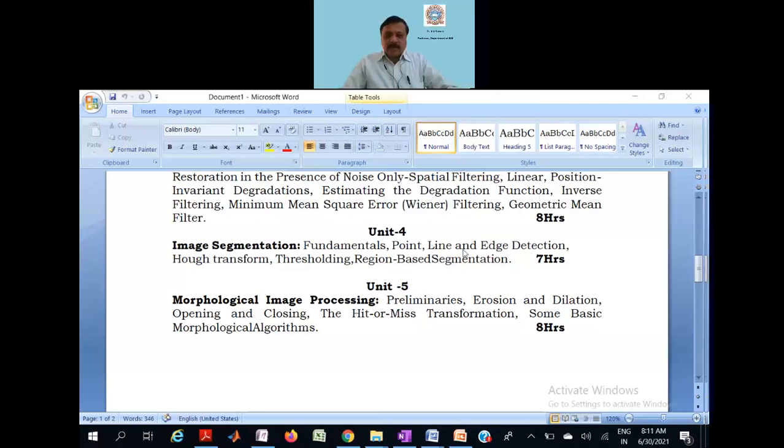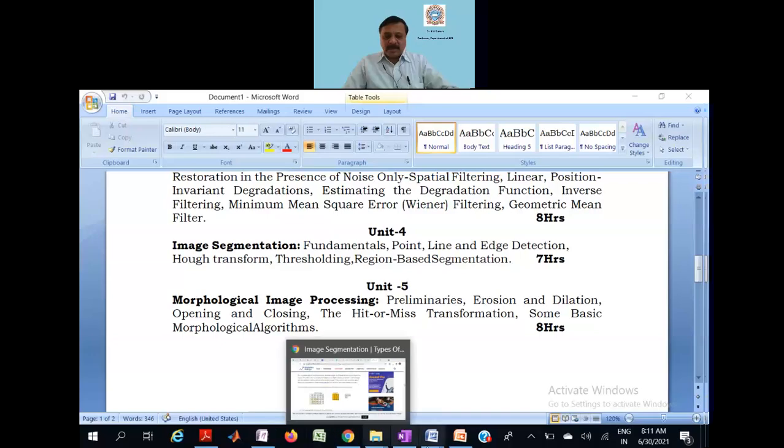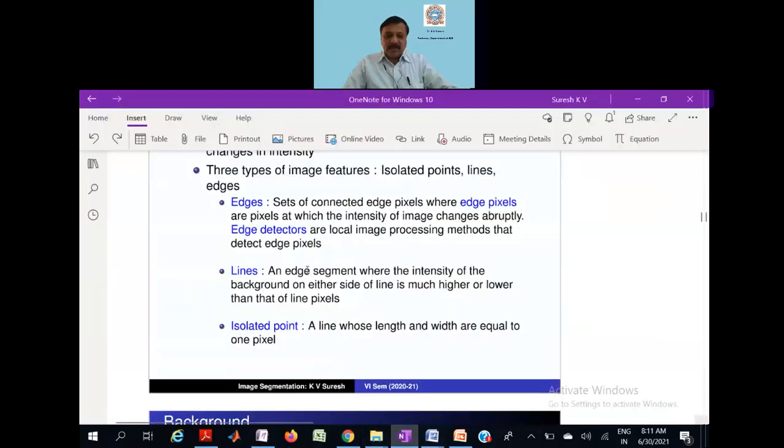So this particular unit basically concentrates on taking an image as input and giving you some attributes. Let us discuss this in detail in the next few minutes.